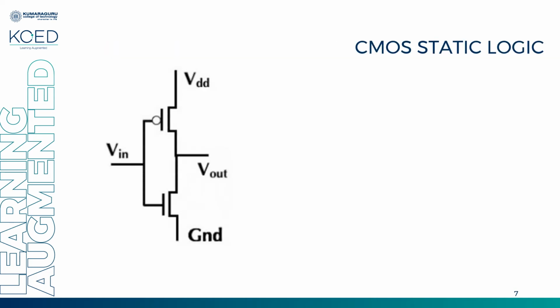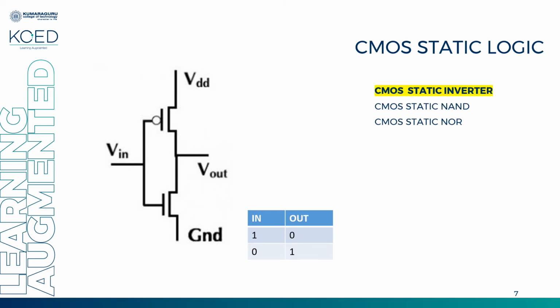So in the case of CMOS static logic, this is the basic inverter. You have this truth table. Whenever you have a 1, NMOS turns on and PMOS will remain in off condition. So this is on, acting as a closed switch, with a path from Vout to ground.